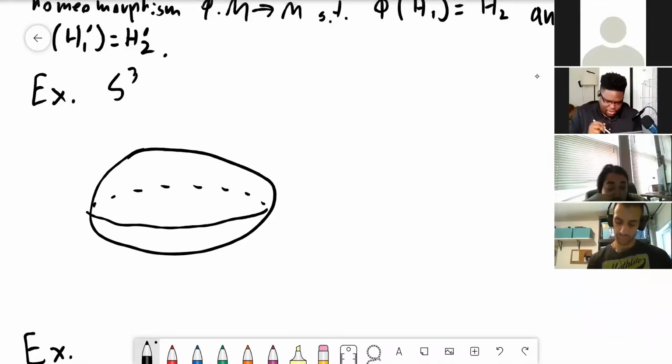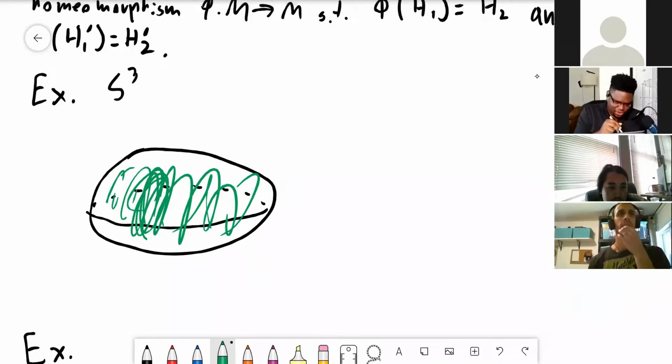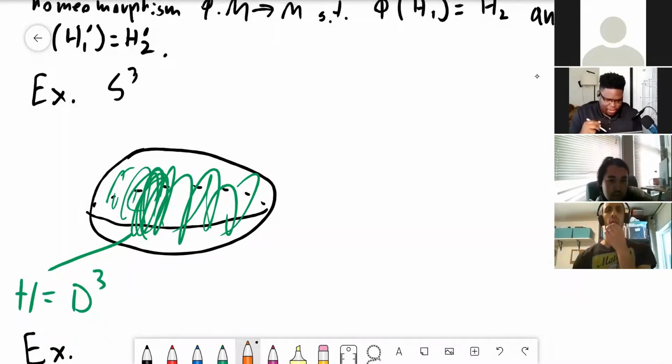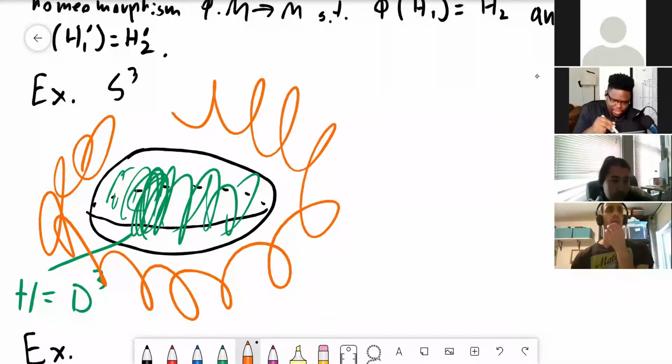And clearly this 2-sphere bounds a 3-ball inside. This is a genus 0 handle body. But it also bounds a 3-ball on the outside.